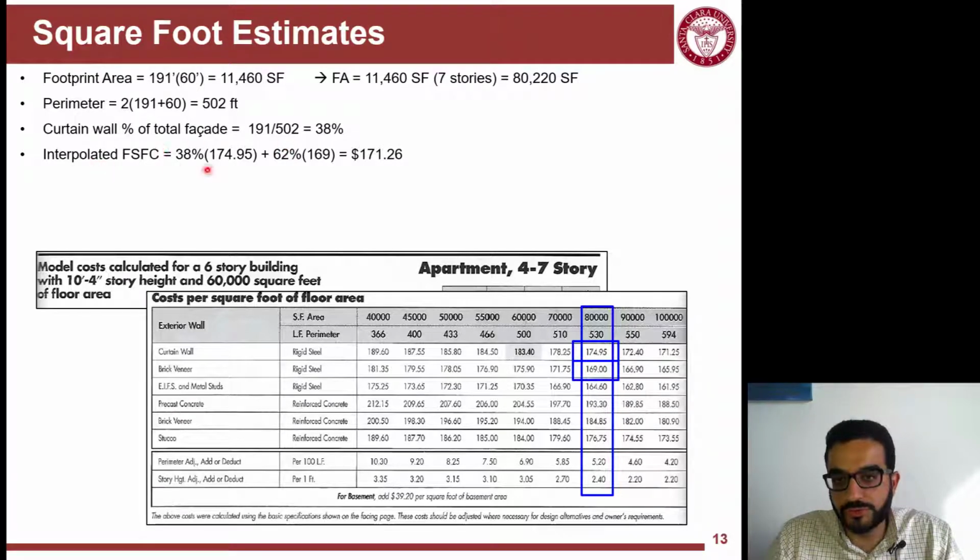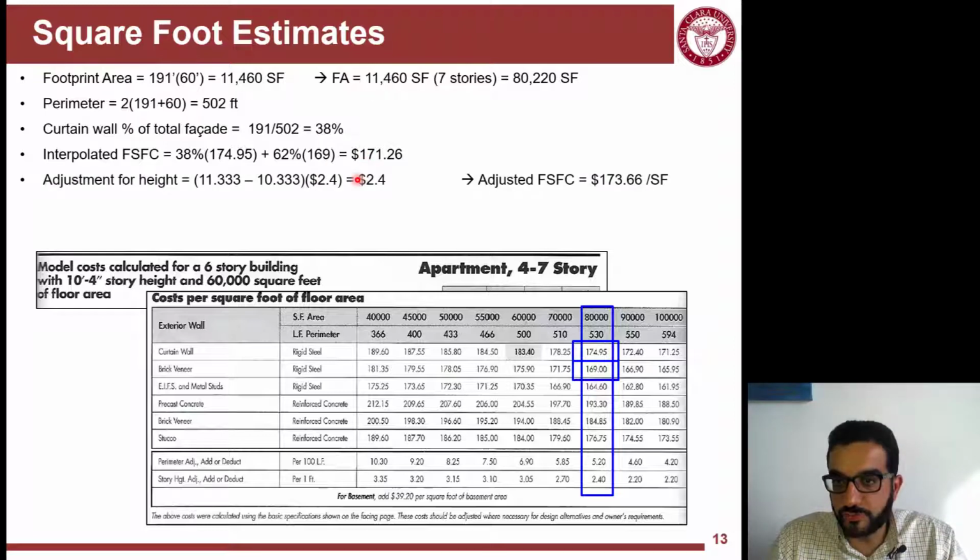Then you do interpolation here, 38% for the curtain wall building and 62% of the other. So I end up with a revised, interpolated square foot cost so far.